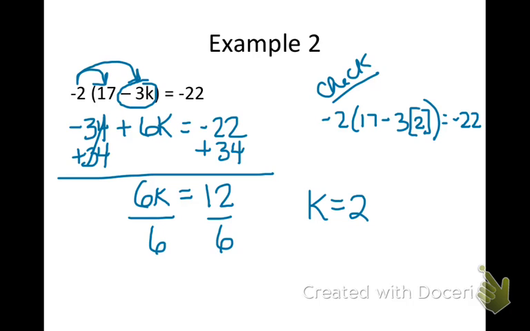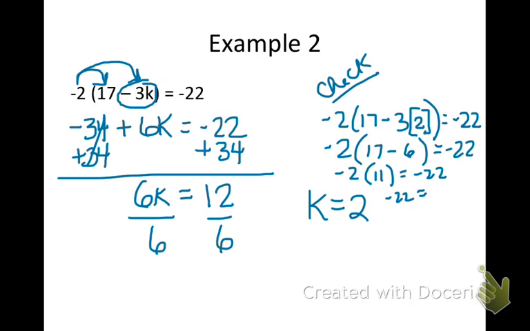So the multiplication will come before the subtraction. So negative 2 times 17 minus 6 equals negative 22. And then you'd see negative 22 is indeed equal to negative 22. So that's an example of showing you're checking the solution.